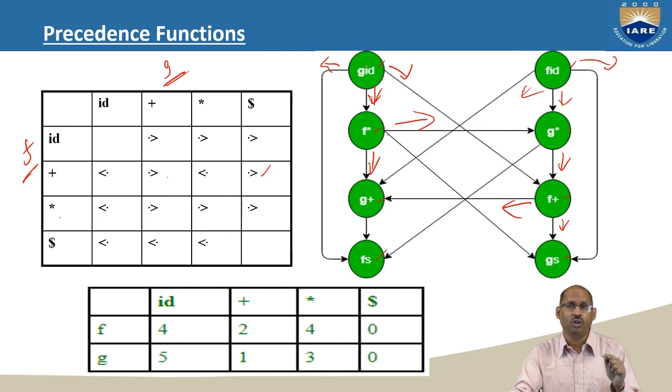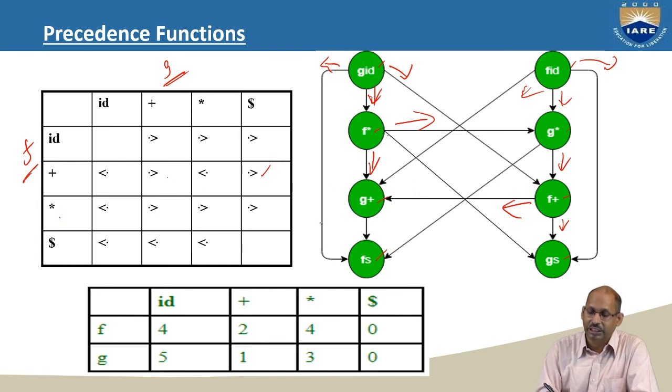The size of the largest path. GID, this path is 1, 2, 3. 1, 2. 1, 2, 3, 4, 5.